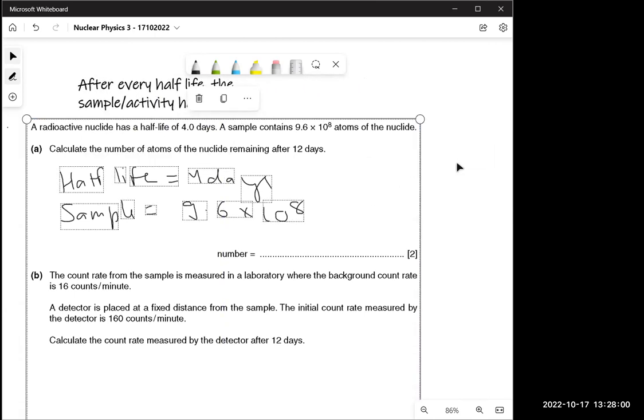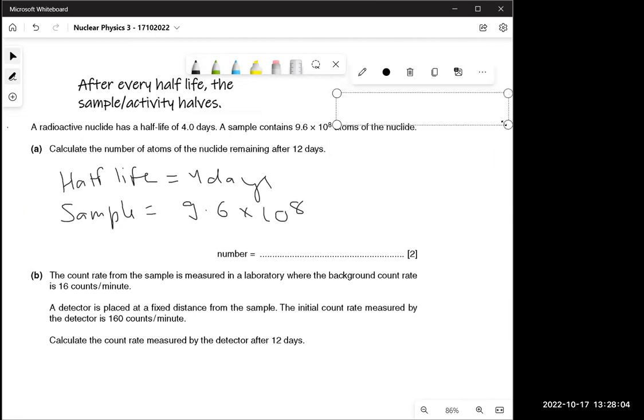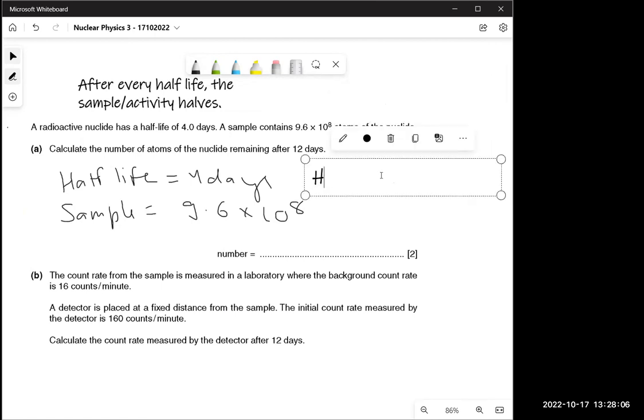But now we have, instead of 4 days, 12 days. So let's see how many half-lives are passing. To find that, we'll just divide 12 by 4. And how much do we get? Tell me. 12 by 4, that's 3, right?